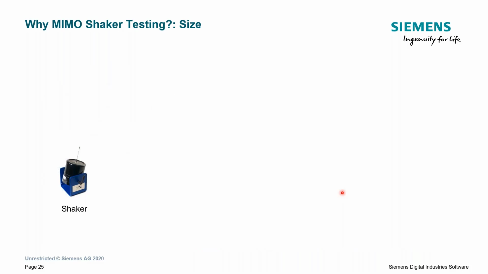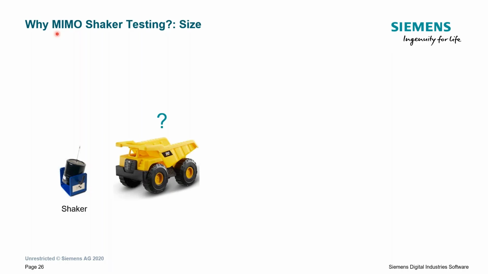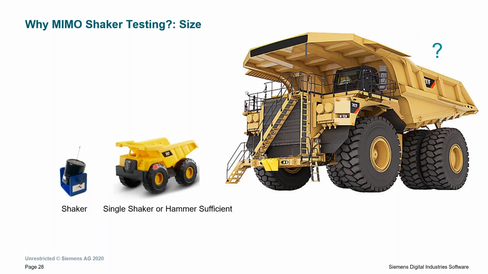So we also have something in our software called MIMO shaker testing. MIMO, the abbreviation there, is multiple input and multiple output. So if we have a shaker and we have a relatively small structure, then maybe I only need 1 shaker. And in this case, this large shaker might even be overkill for something like a toy truck. But if I have this actual mining truck here, and if you guys have ever seen these in person, these are basically the size of a 2-story apartment building on wheels, they're large.